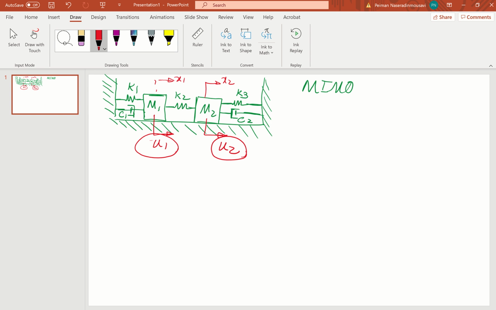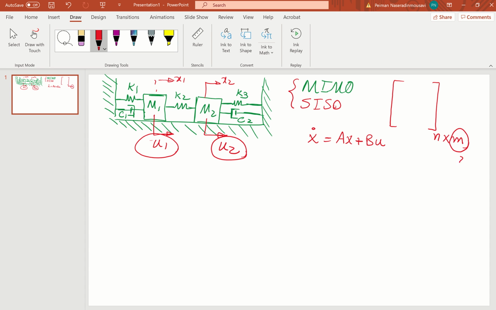But the only difference with the SISO system, the single input, single output system that we had in the example of the inverted pendulum, was the B matrix in X dot equals AX plus BU. It is N by M, where M is the number of inputs.